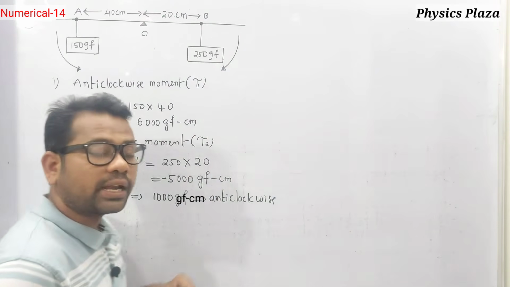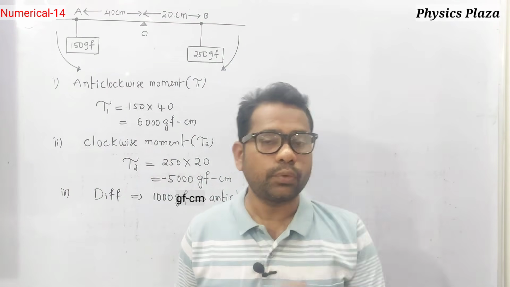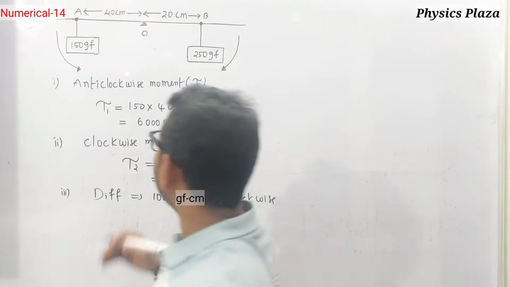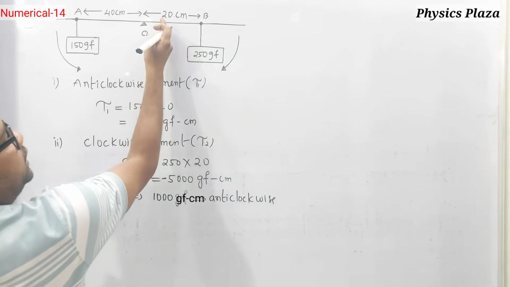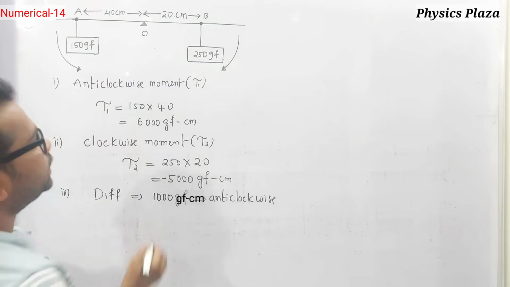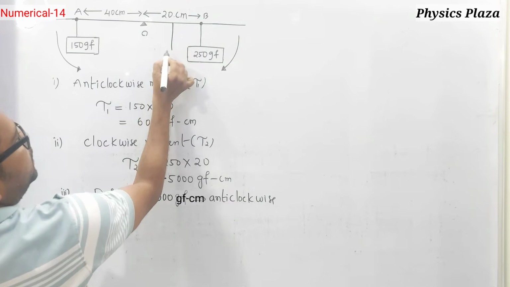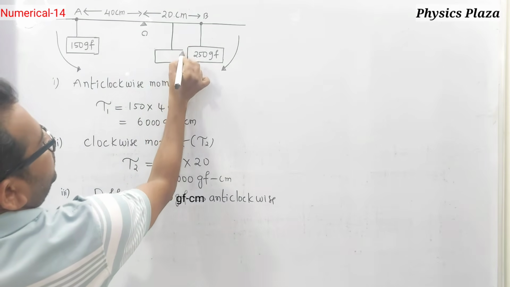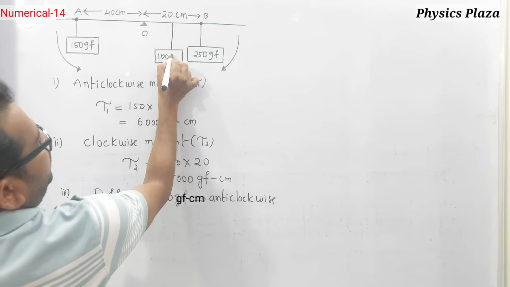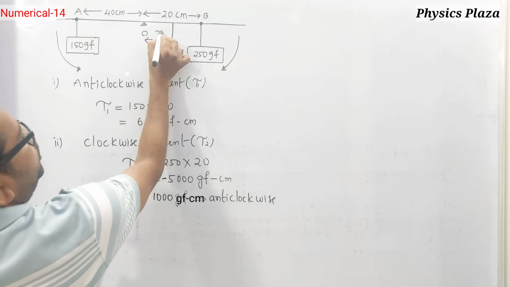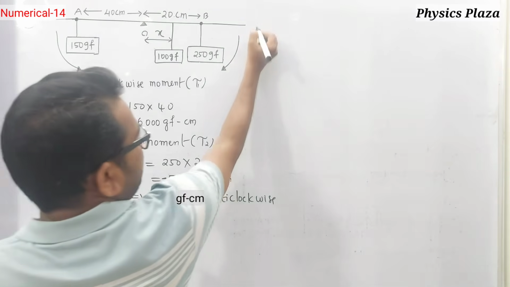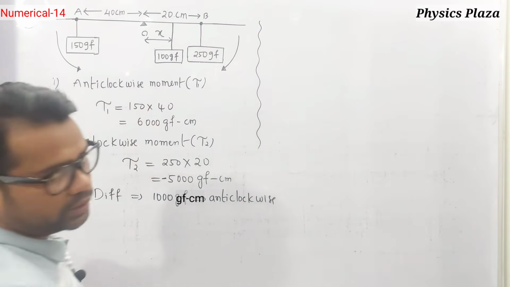Now they are asking us to use a 100 gram force in order to balance. So where are you going to keep that 100 gram force? On the right side you have to place it. We don't know whether here, here, here, here. That we need to calculate. Let us suppose it is placed here. So here we are going to place a 100 gram force at a distance of x. This x is to be calculated. Now let us apply the principle of moments.